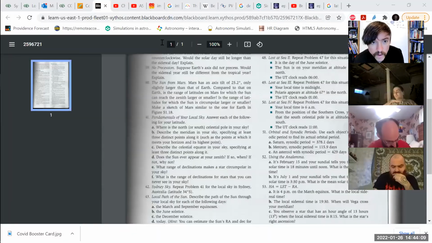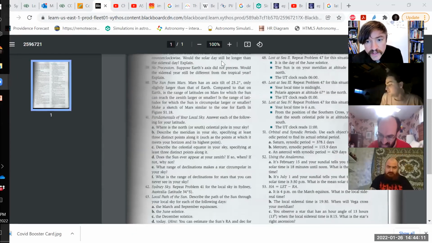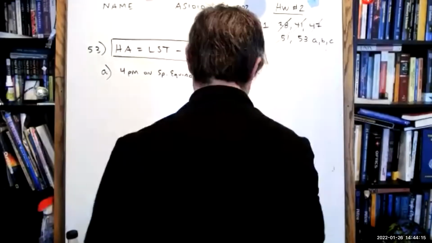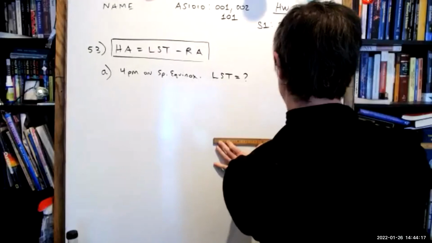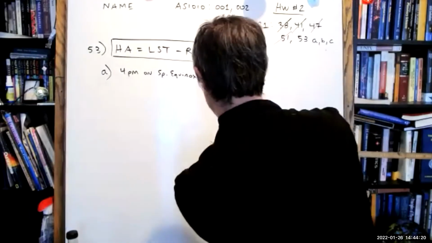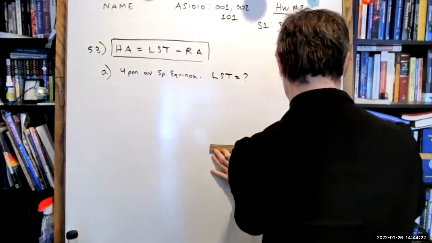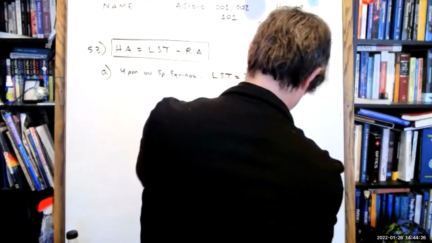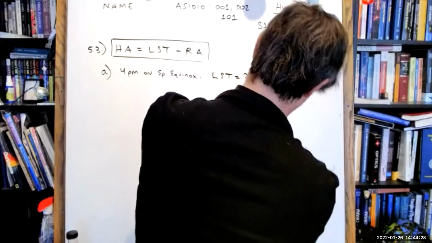So how does that work here? Let's draw the diagram. So over here, I'm going to make a little local sky.